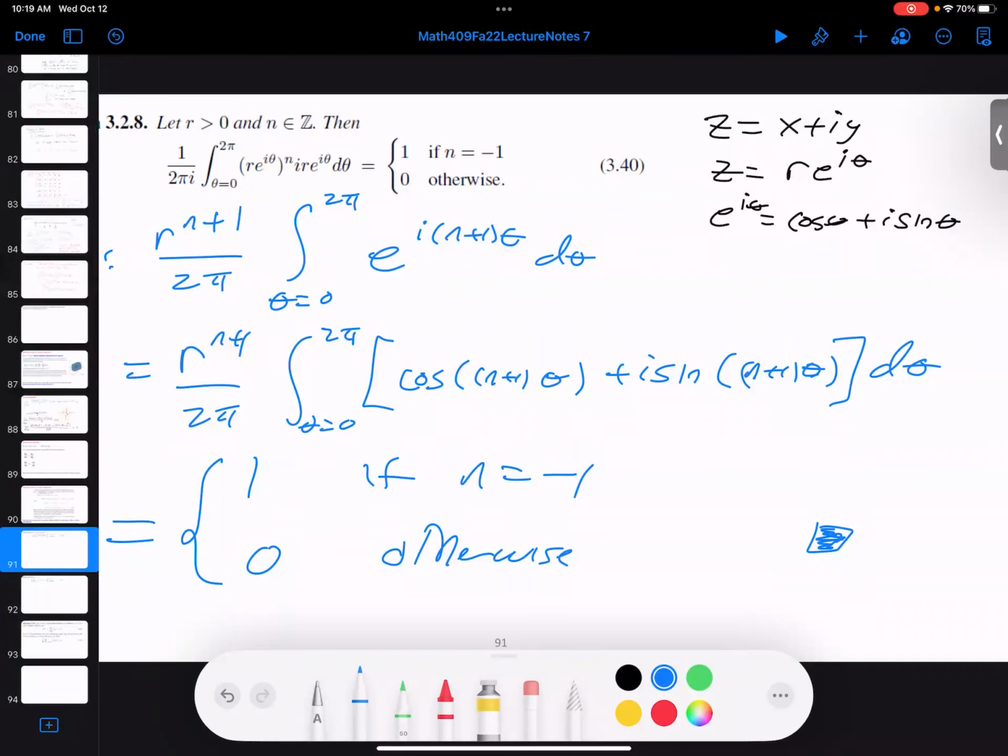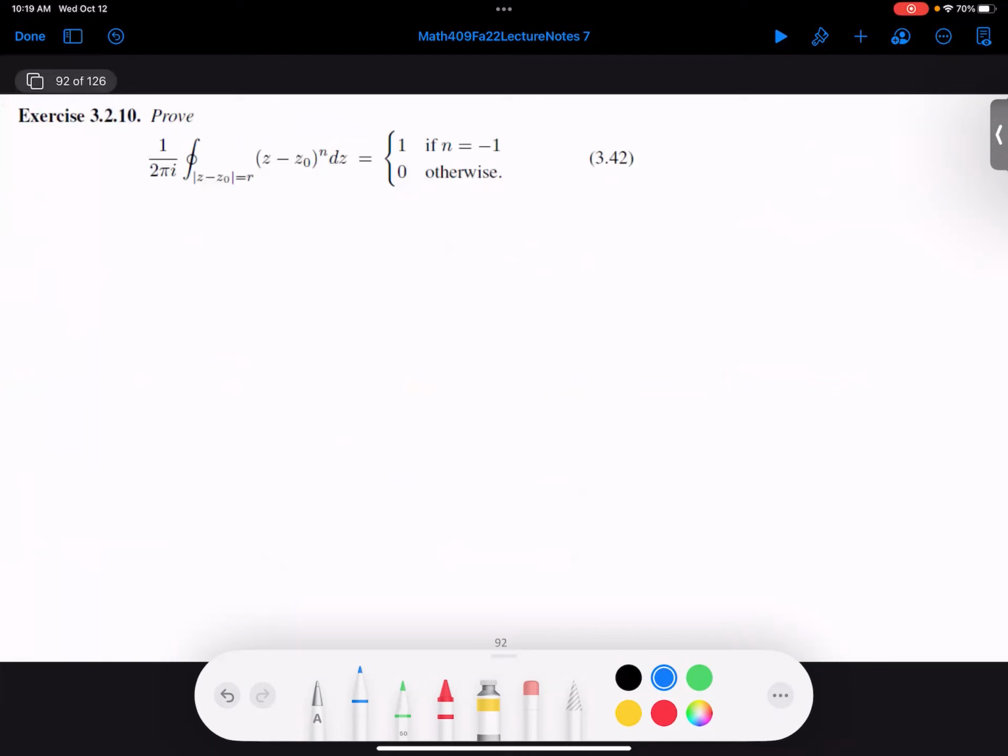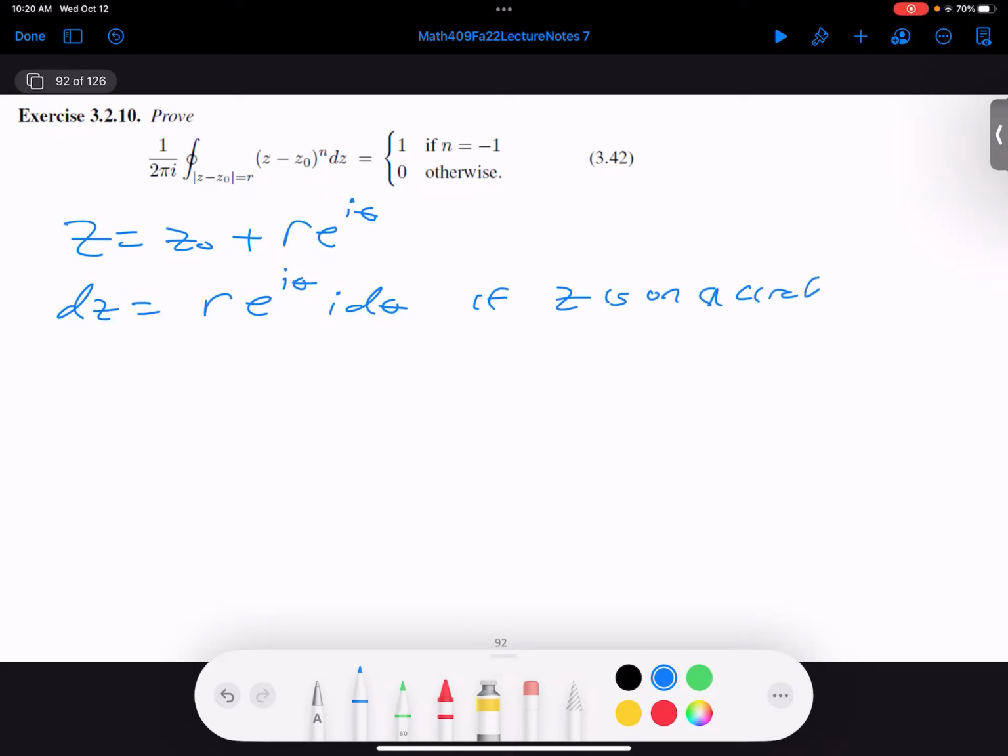Why is this important? Well, I said z is x plus iy. What we really have is that this integral is essentially the same as this. So if I write z as z_0 plus r e^{iθ}, dz would be r e^{iθ} i dθ if z is on a circle of radius r centered at z_0.